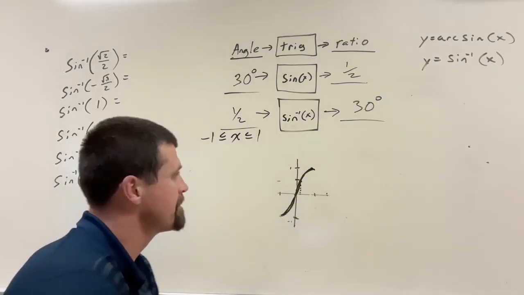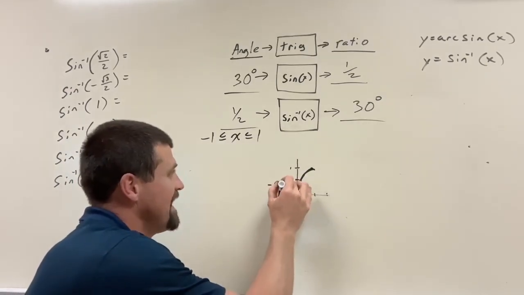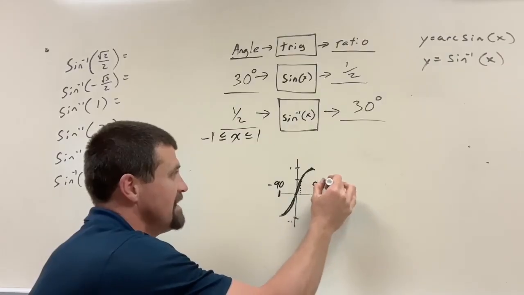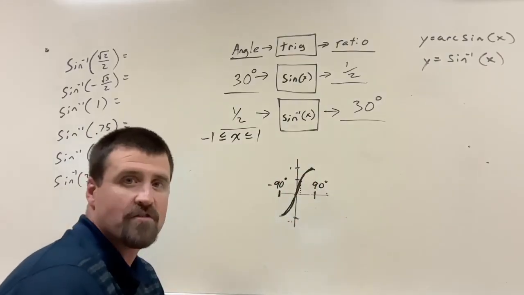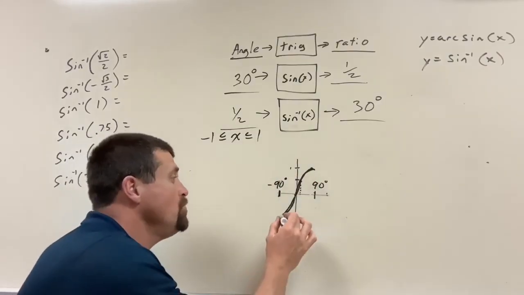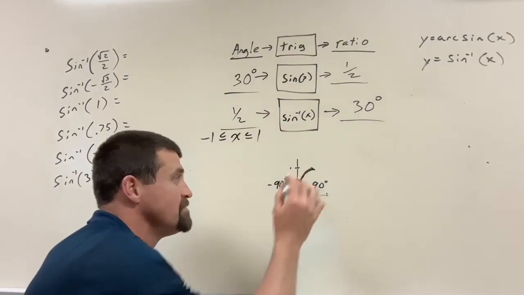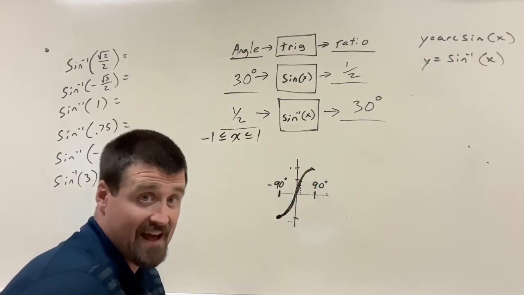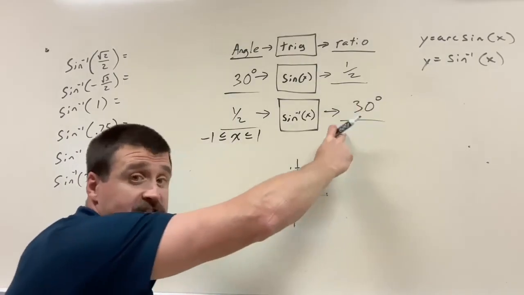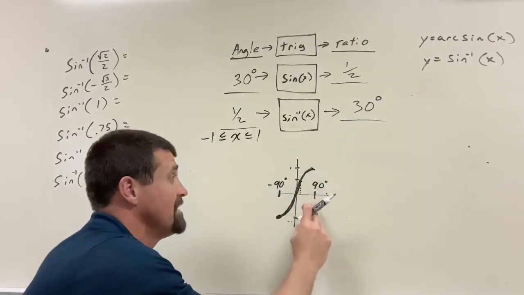This is -90 degrees, and this is +90 degrees. Now arc sine is only the inverse of this little sliver of sine. So the only angles it's going to give us are between -90 and 90.